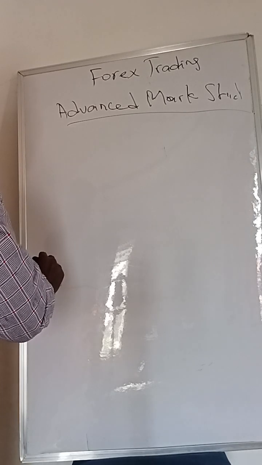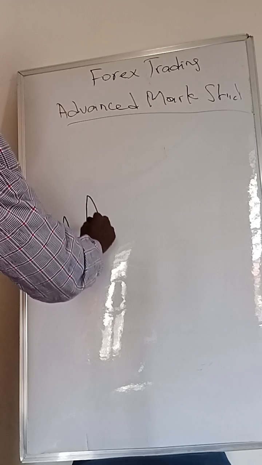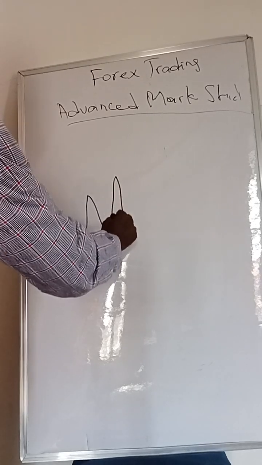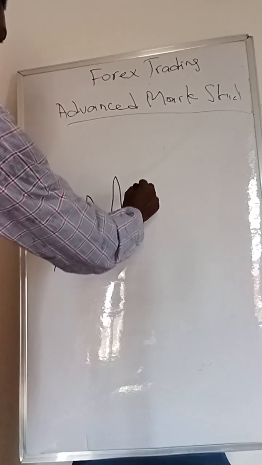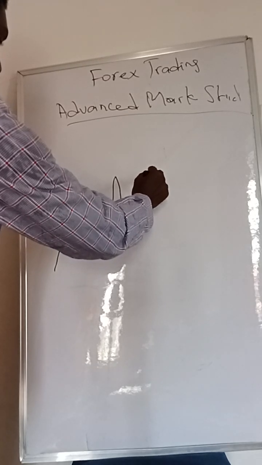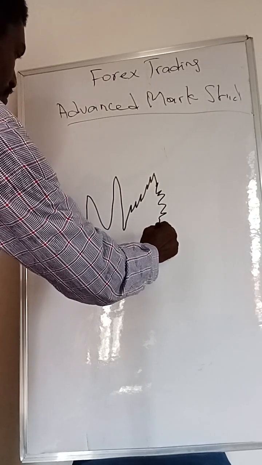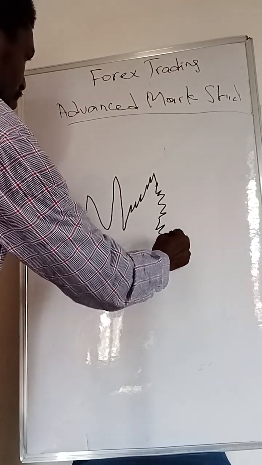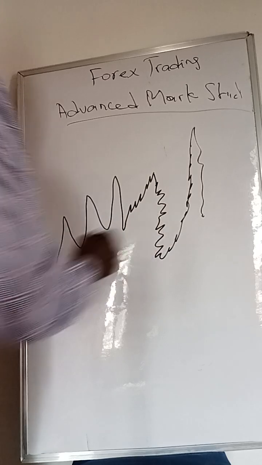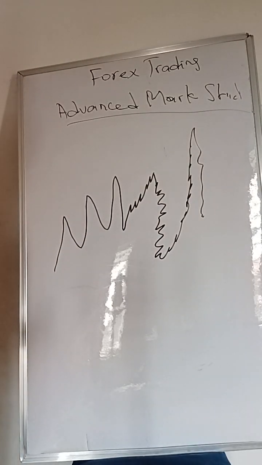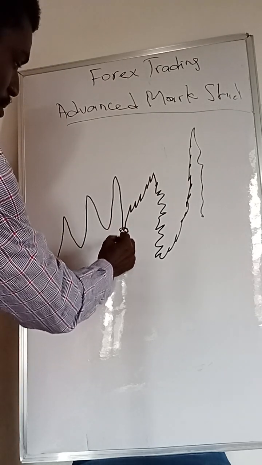Let's say a market is trending on buy. Now, if you look at this market, you can say that immediately this market broke the higher low.